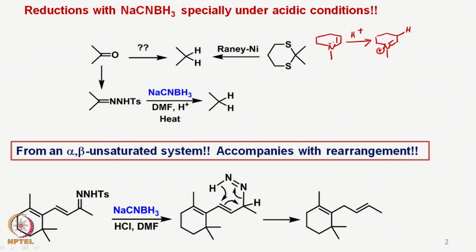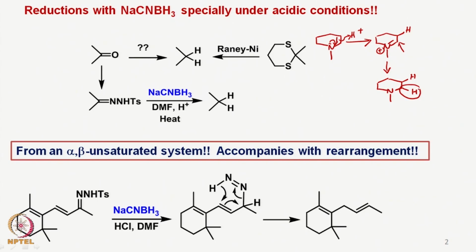So you have the lone pair of electrons pushing this double bond and protonation, and now under these conditions the reduction of the ammonium ion is possible, and sodium cyanoborohydride delivers the hydride at this particular position.